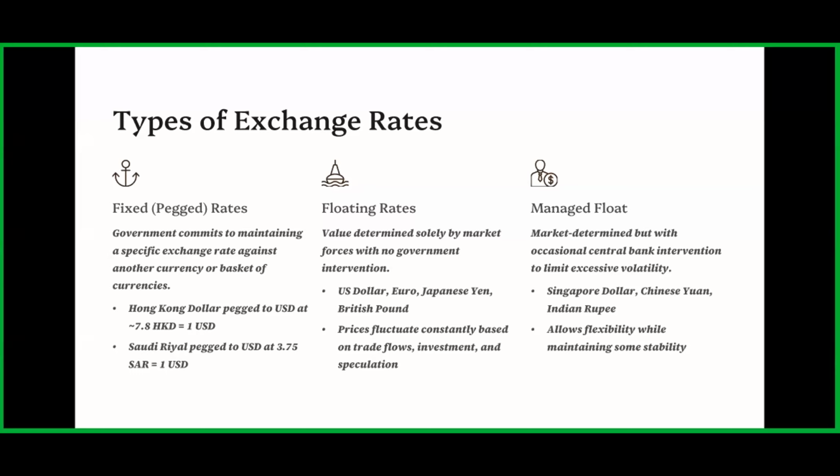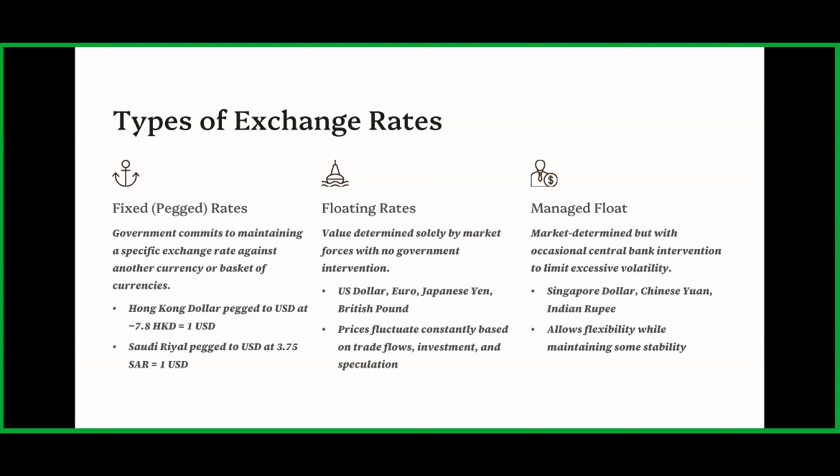Now, some nations want to reduce the risks in international trade. They know that whenever they make payments on floating exchange rates, if the exchange rate gets higher, they have to pay a higher amount.